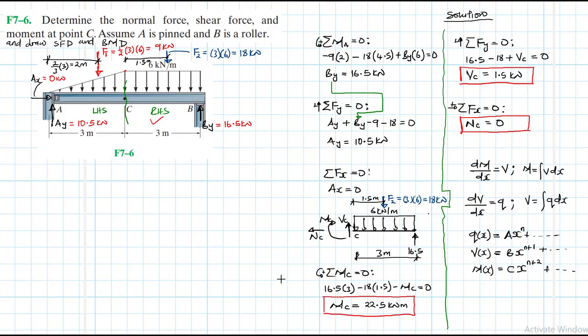If the loading is governed by a polynomial of order n, the shear will be governed by a polynomial of order n plus 1, and the moment by a polynomial of degree n plus 2.